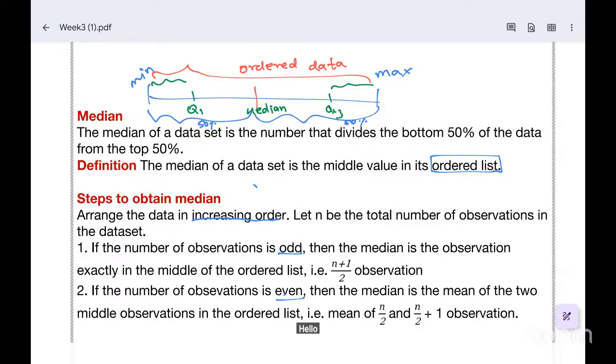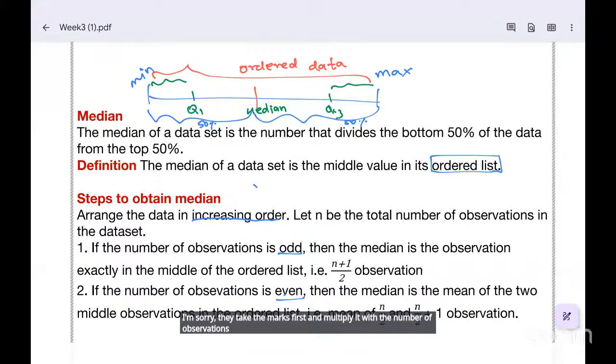For a competitive exam like JEE or anything, the percentile they calculate by using this method. How are they ordered?